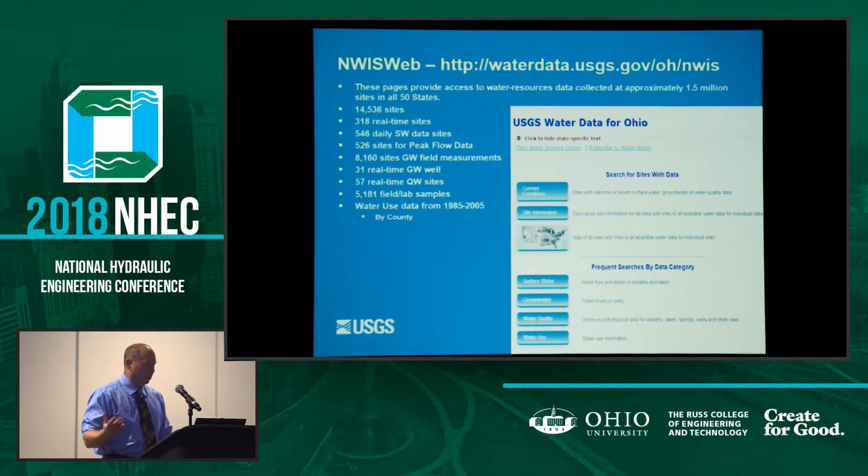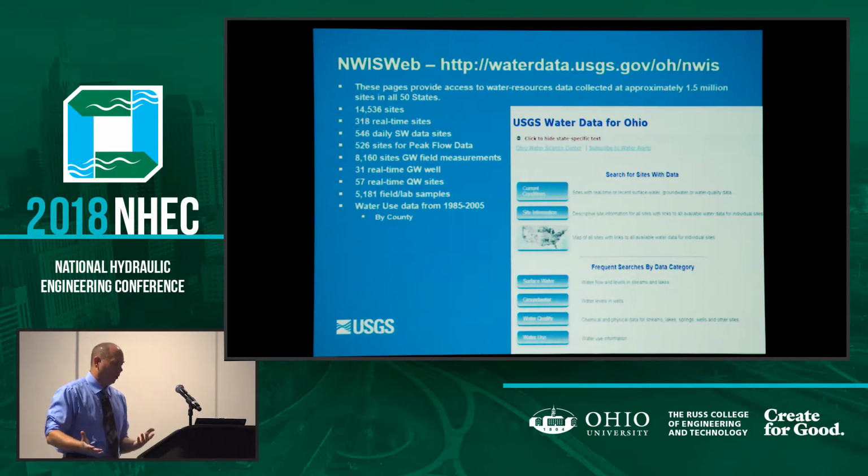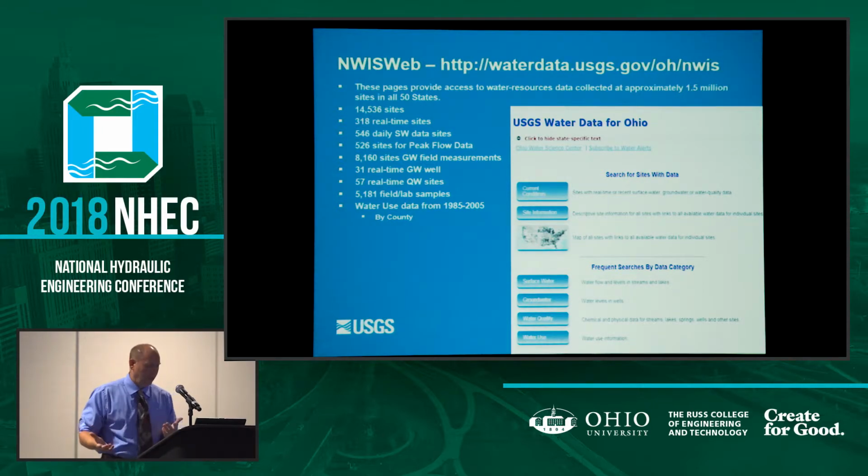So I talked about NWIS Web, and this is the website there. Now this is just for Ohio, but you can go into any state. If you lived in Texas, it'd be TX instead of OH, or North Carolina, it'd be NC instead of OH. But you can go into this website here and pull off any kind of stage information.